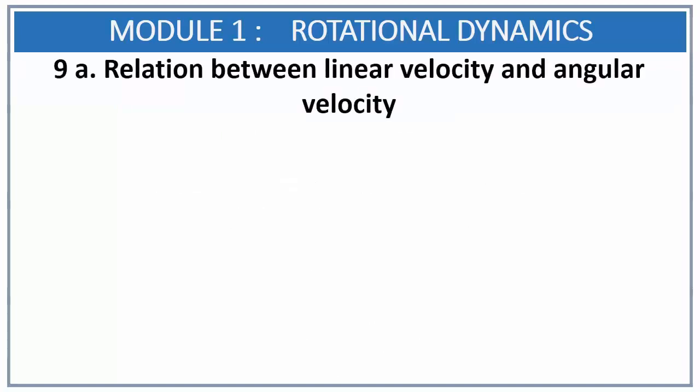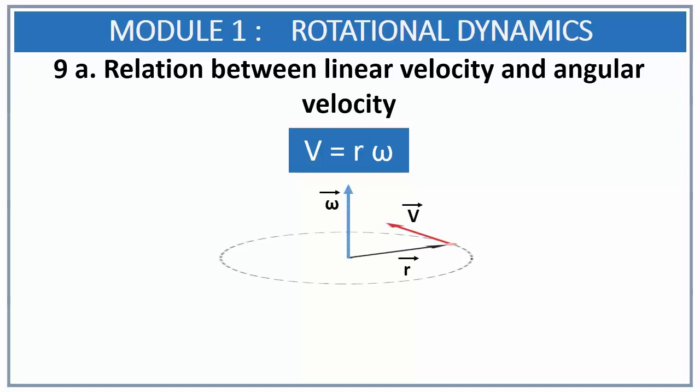Let us see now the relation between linear velocity and angular velocity, that is between v and omega. We have derived the relation v is equals to r omega. Now all these three quantities are vector quantities.